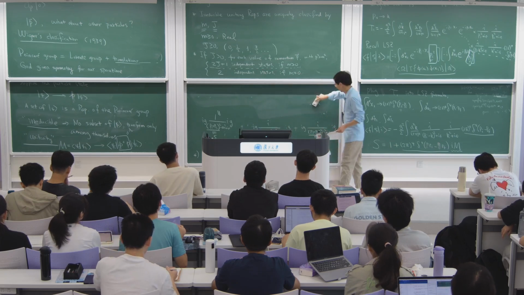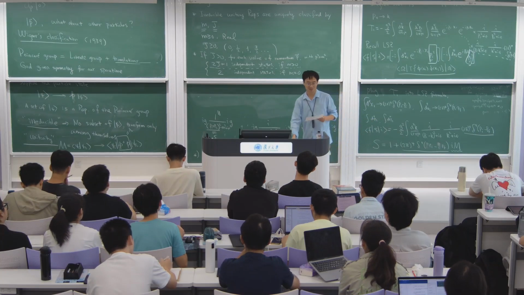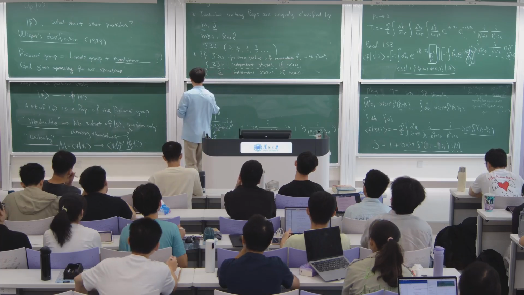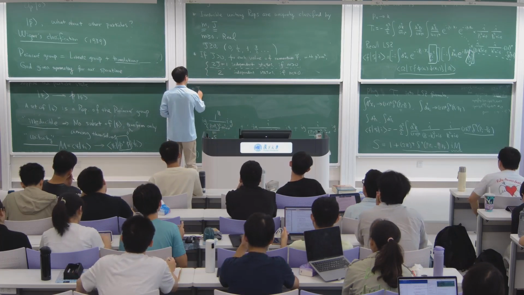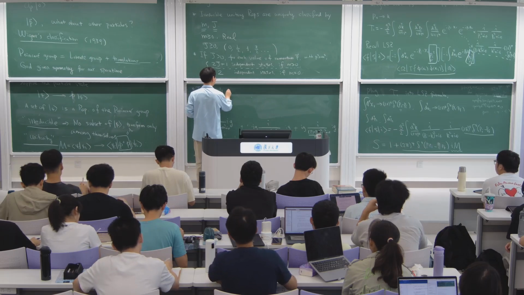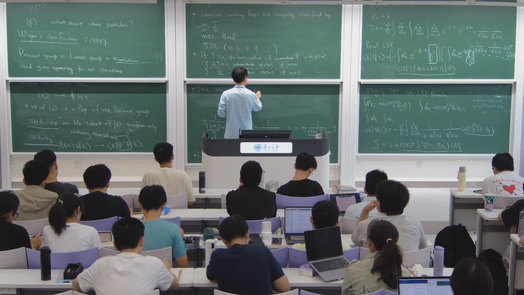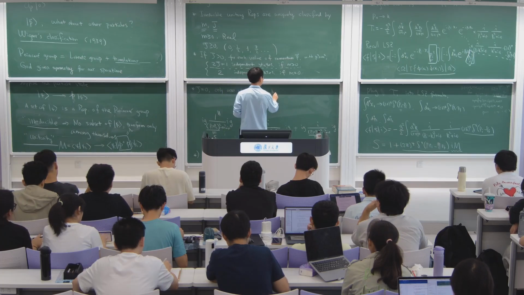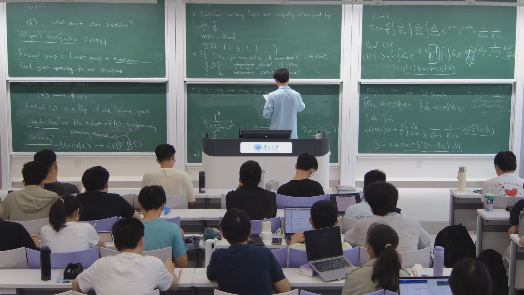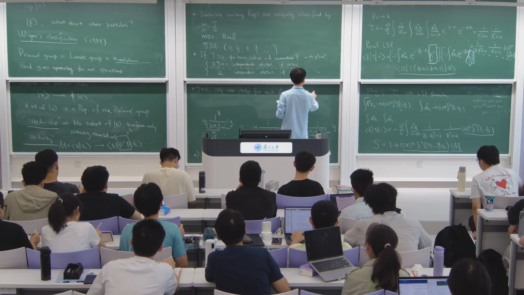J equals 0 is a scalar. J equals 0 has only one state for each E. This is true whether m is positive or m equals 0. It doesn't matter.